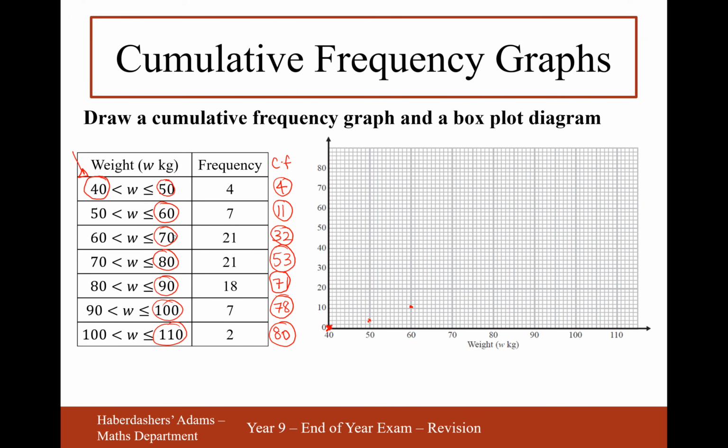The next point will be at 70, 32. The next point will be at 80, 53. The next point will be at 90, 71. The next point will be at 100, 78. And the next point will be at 110, 80.